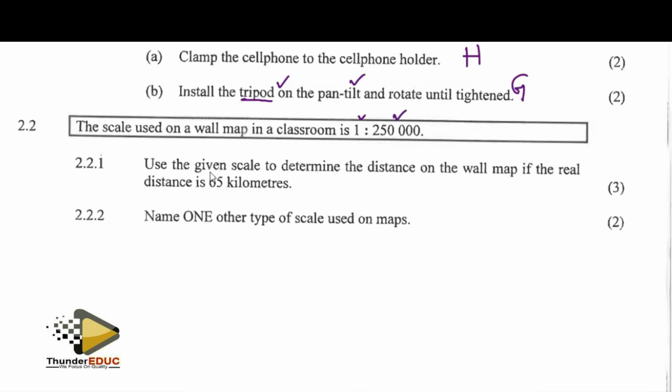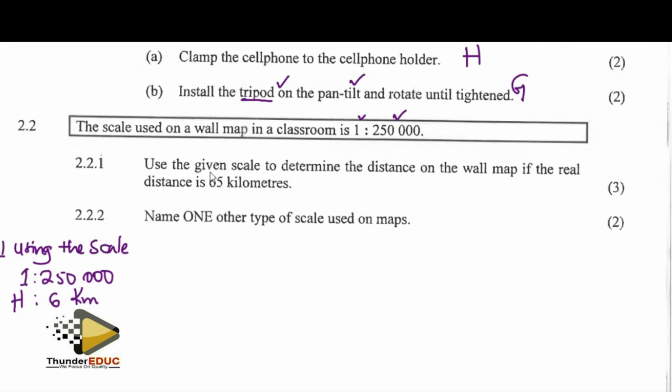I'm answering question 2.2.1. The scale is 1 to 250,000. On paper, we don't know how much it is, so let's call it H. In real life, it's 65 kilometers.